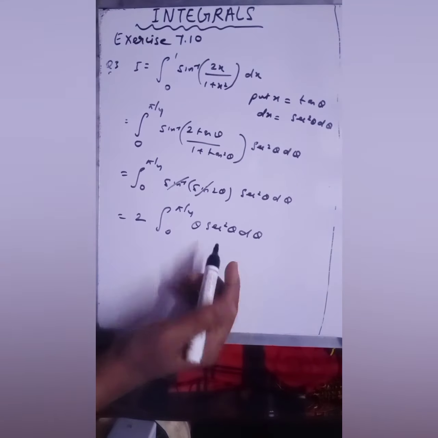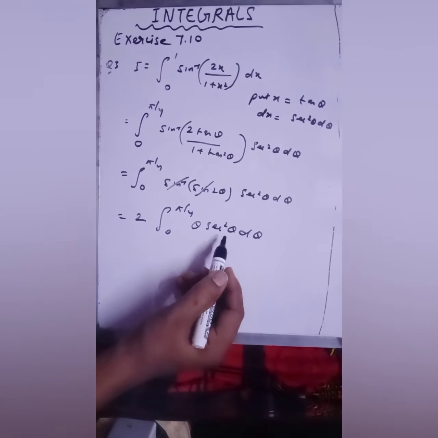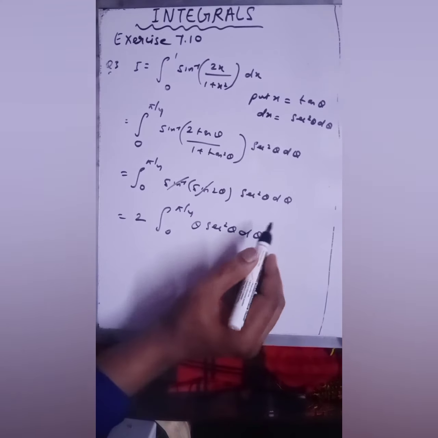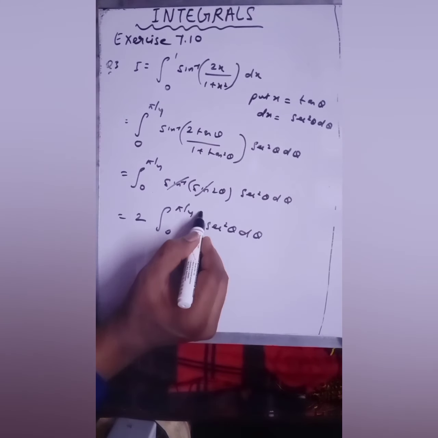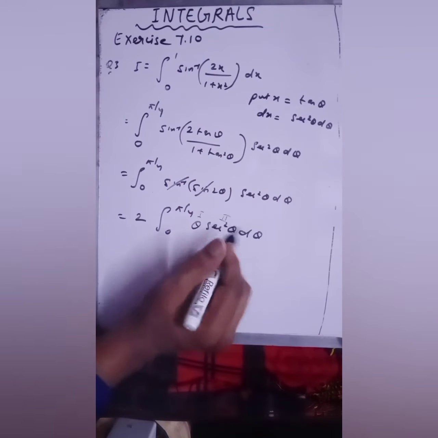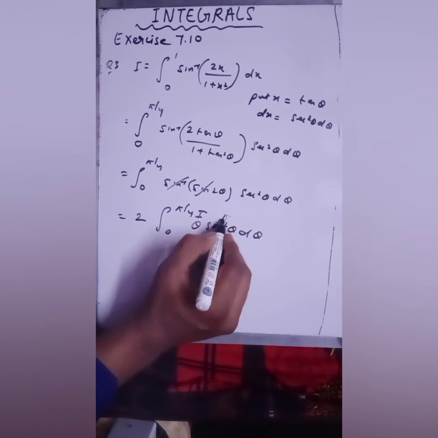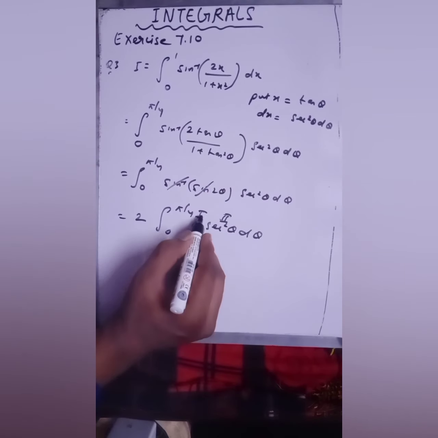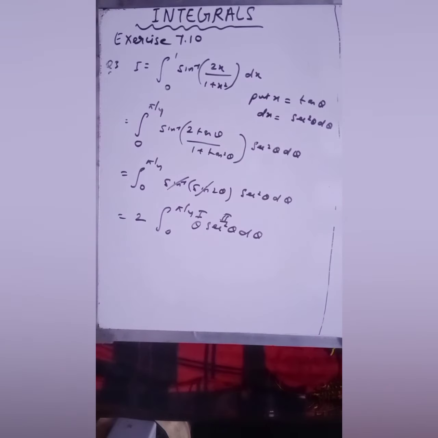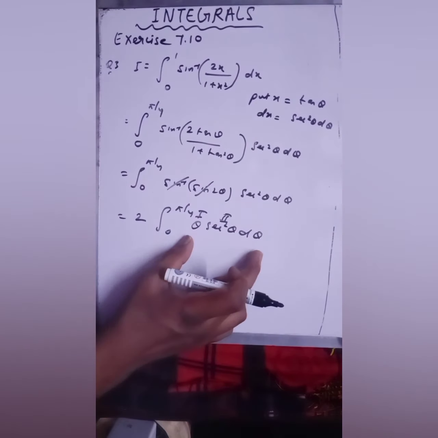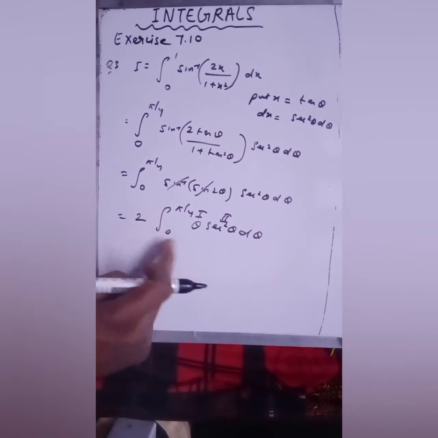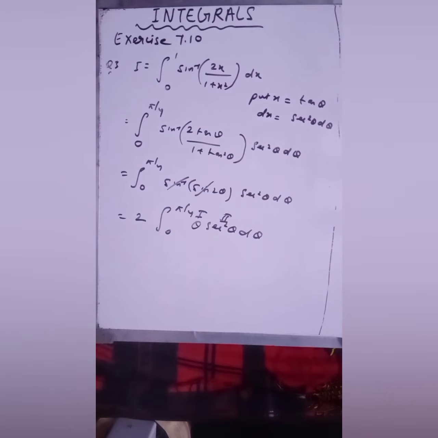Fine. So again you have to apply integration by parts. Theta is your first function, sec square theta is your second function. So apply it, and put the limits, that is 0 to pi by 4.